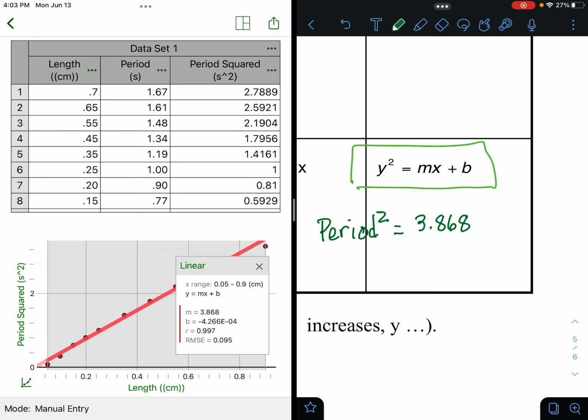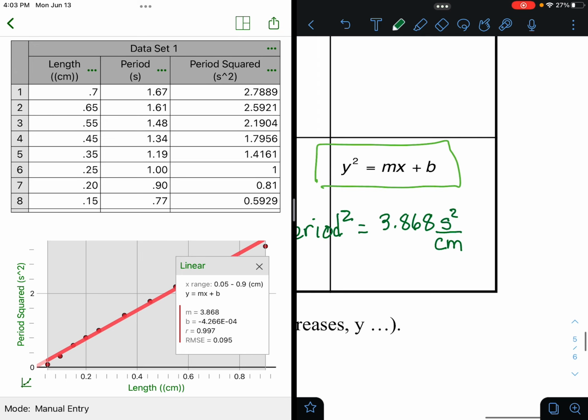Units for slope is always rise over run, so that's seconds squared, which is my rise unit, over run, which is my x-axis unit. So that's 3.868 seconds squared over centimeters times my x variable.